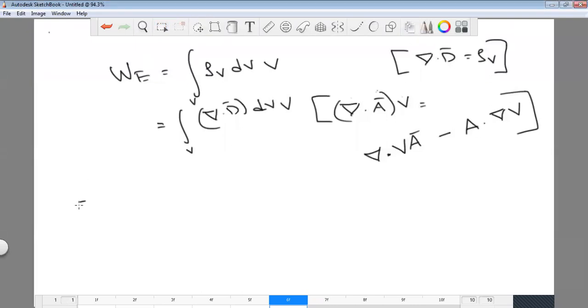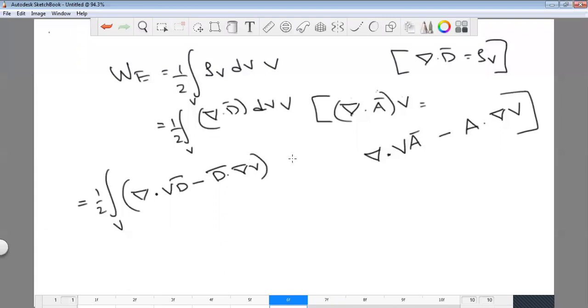So this equation is again rewritten. What about the A bar value? A bar is nothing but D bar. So del dot D bar times V can be written as del dot V D bar. Sorry, there is a factor 1/2 that I forgot. So 1/2 minus D bar dot del V times dV.